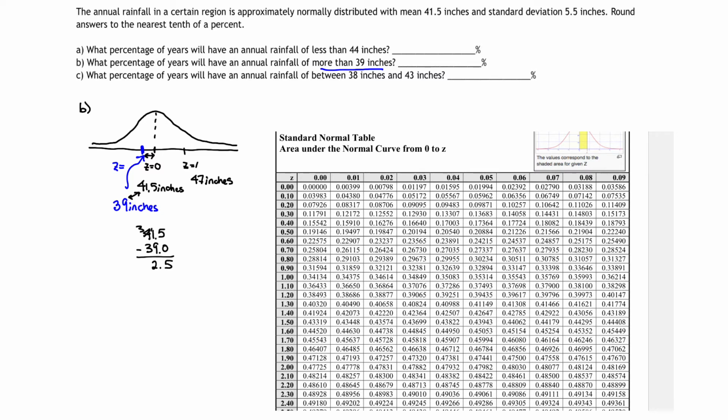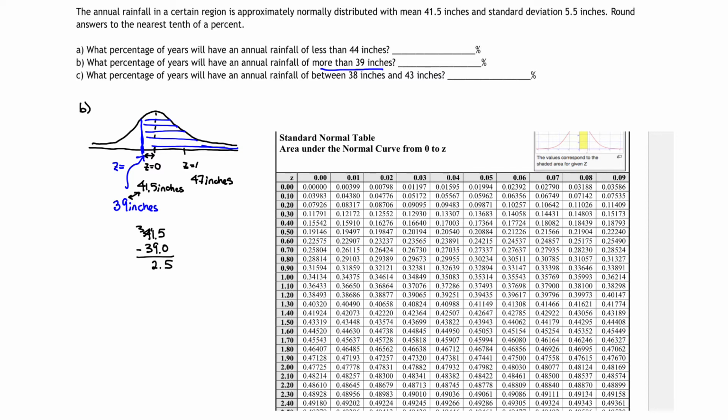So I am 2.5 inches to the left of 41.5 inches, or 2.5 inches off the mean. I am looking for the percentage of years that fall on this side of 39 inches.